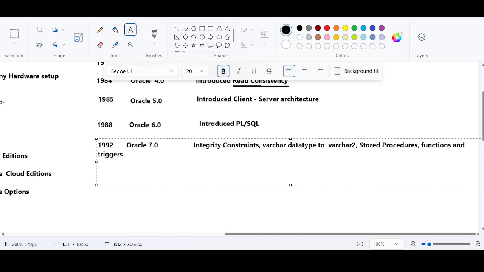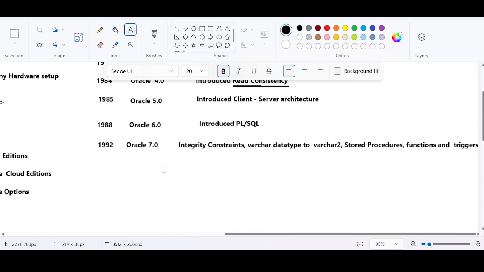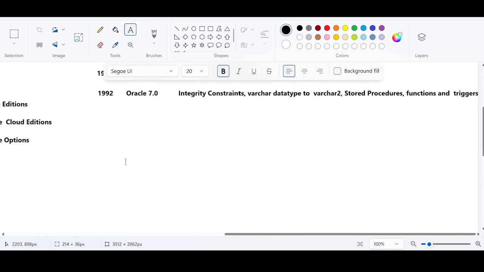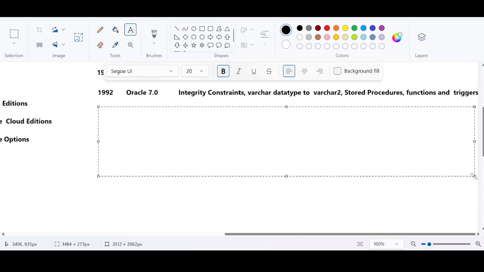These are the things that were introduced in Oracle 7.0.